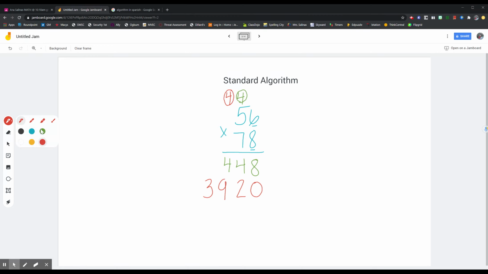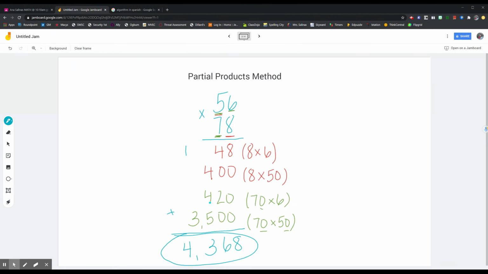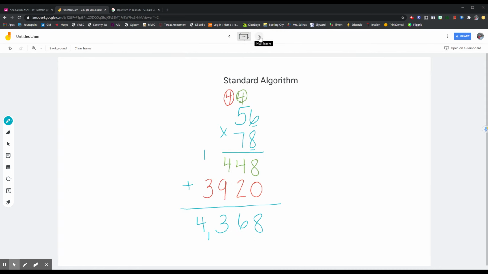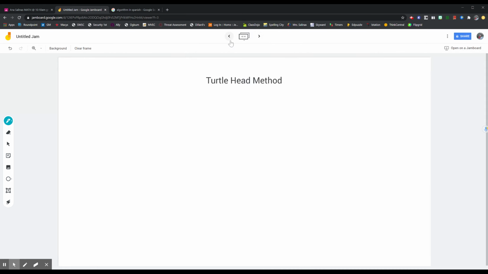I add these two numbers up. 8 plus 0 is 8, 4 plus 2 is 6, 9 plus 4 is 13, regroup, and 3 plus 1 is 4,368. That is the same as my previous answer, 4,368.